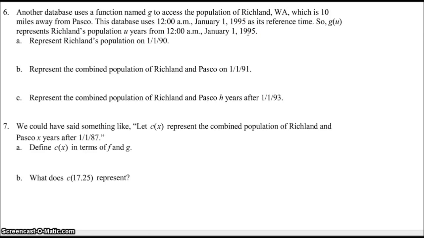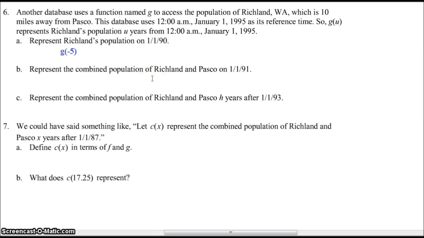So we actually are going 5 years in the past, so that'll be a -5 for our input, and we can express that as G of -5. So G of -5 represents his population 5 years before January 1st, 1995, which will be on January 1st, 1990.